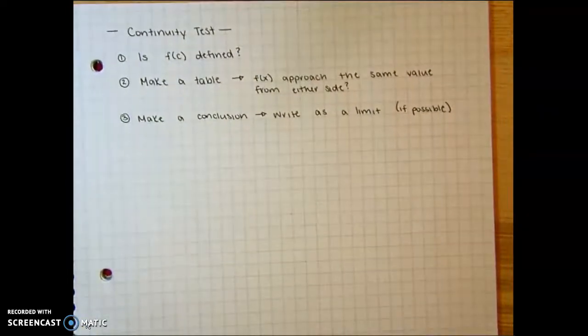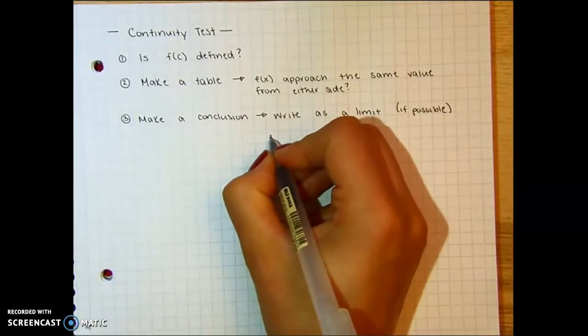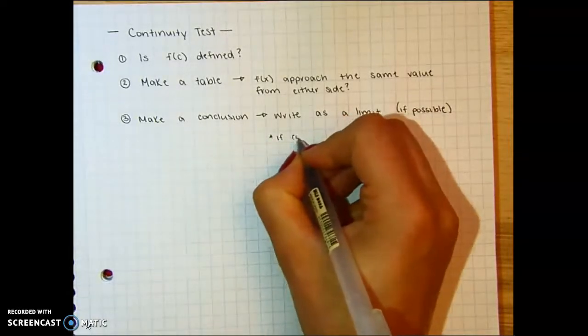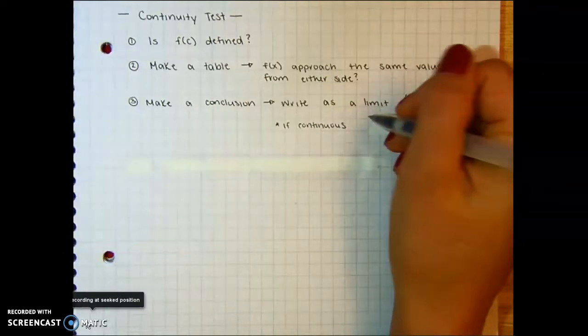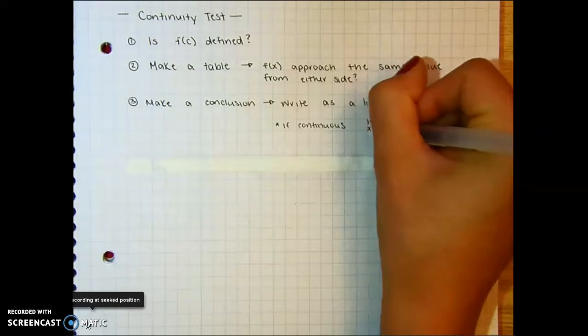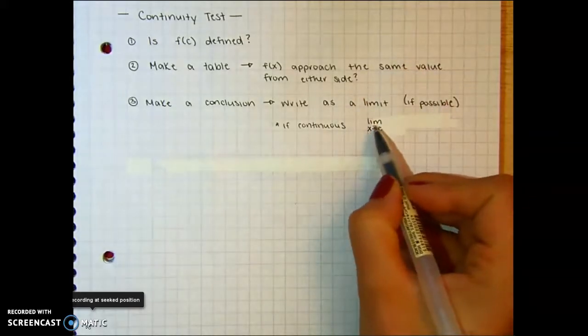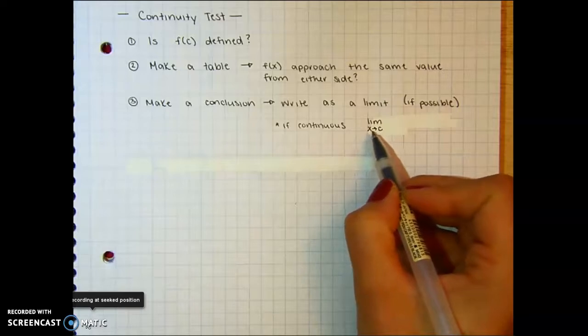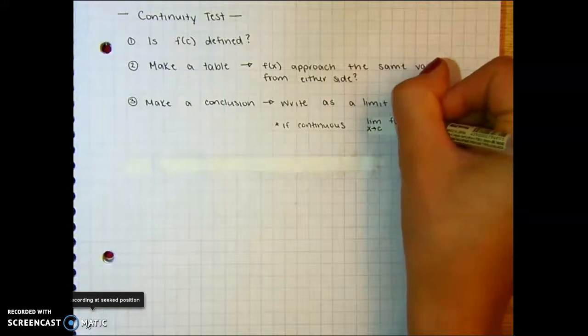Okay. So if it's continuous, x approaches C, and make sure your notation is correct. So the limit has x approaching C under it only, of f of x, so of the function.